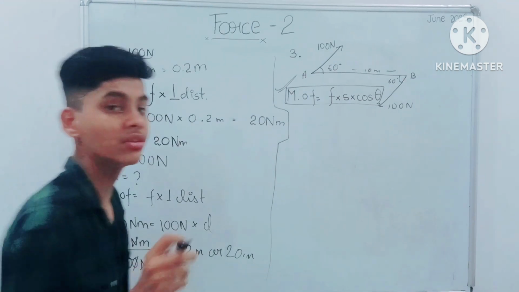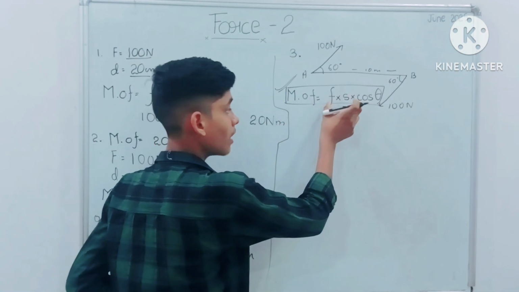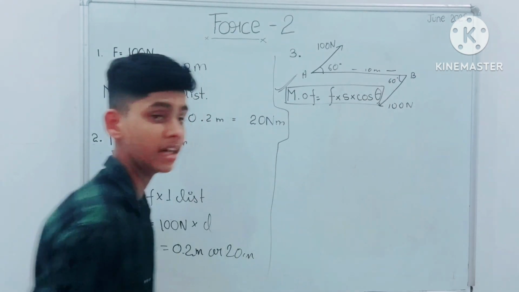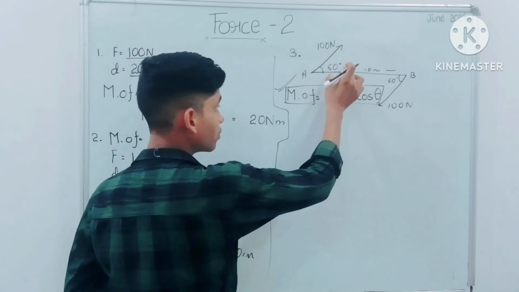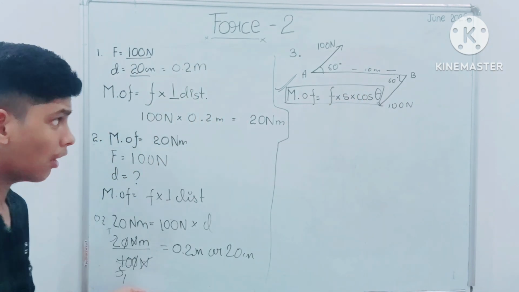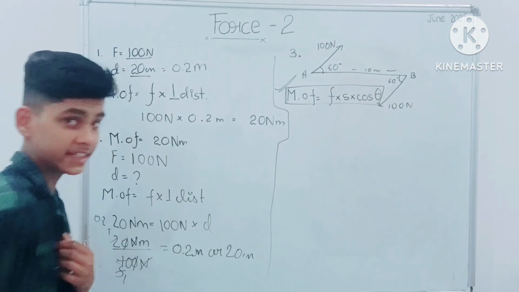Write it down in your copy: moment of force is equals to F, that means force into distance into cos theta. As you can see, there is an angle given here, so we will write it as cos 60 degree. It is very simple now.